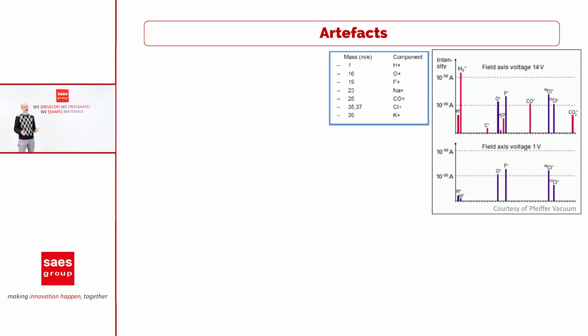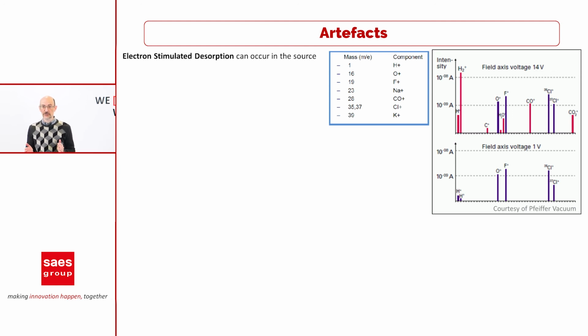Let's talk about some artifacts that can occur in QMS spectra. The first is typical of very low pressures, below 10 to the minus 10 millibar, and has to do with the electron-stimulated desorption occurring in the ion source. The point is that ions desorbed from surfaces after electron impact have higher energy than other ions, and they can reach the filter more easily.